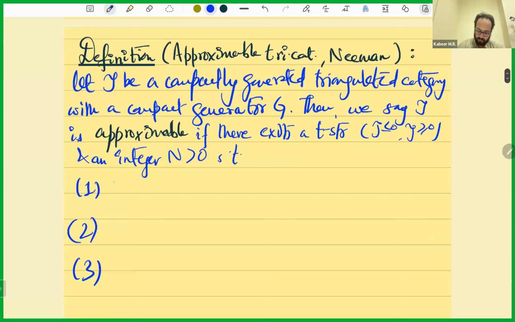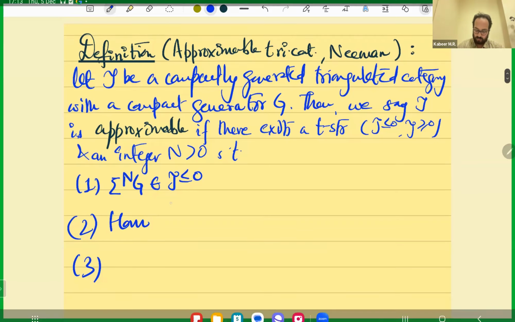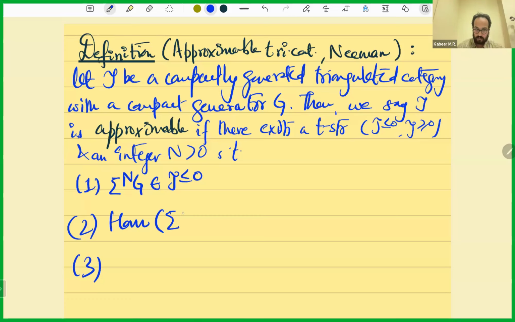First, the nth suspension of G lies in the aisle of the t-structure. Secondly, we have this Hom vanishing condition, sort of going the wrong way around when you think about the t-structure in some sense.